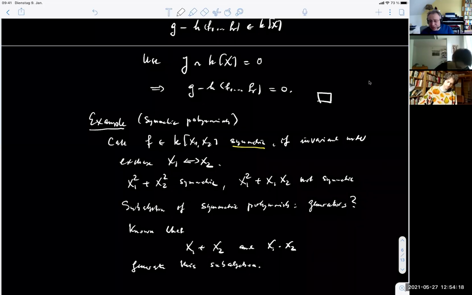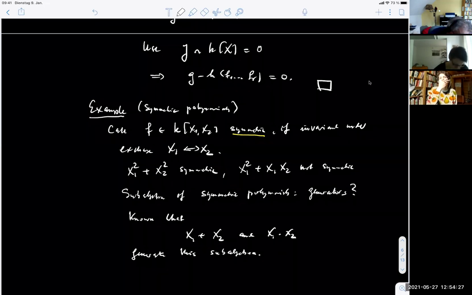I'm not going to prove that without any preparation. More generally, these are examples of elementary symmetric polynomials.